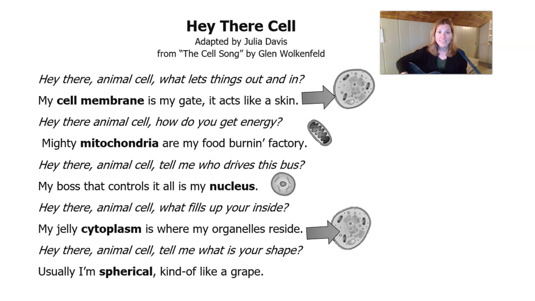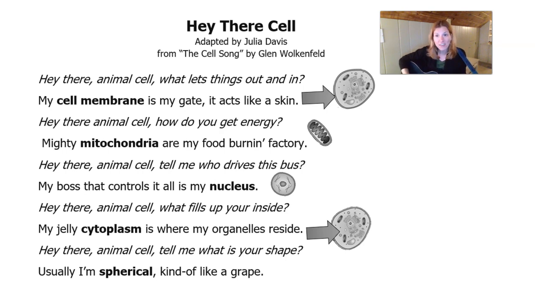Hey there, animal cell, what lets things out and in? My cell membrane is my gate, it acts like a skin. Hey there, animal cell, how do you get energy? Mighty mitochondria are my food-burning factory. Hey there, animal cell, tell me who drives this bus?